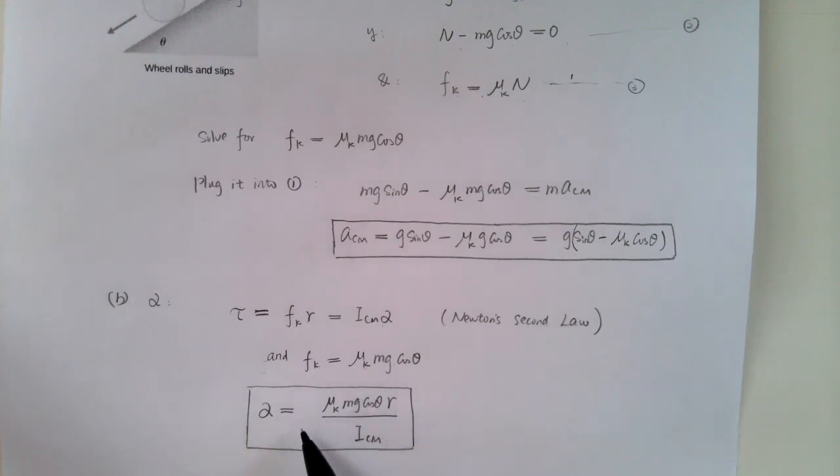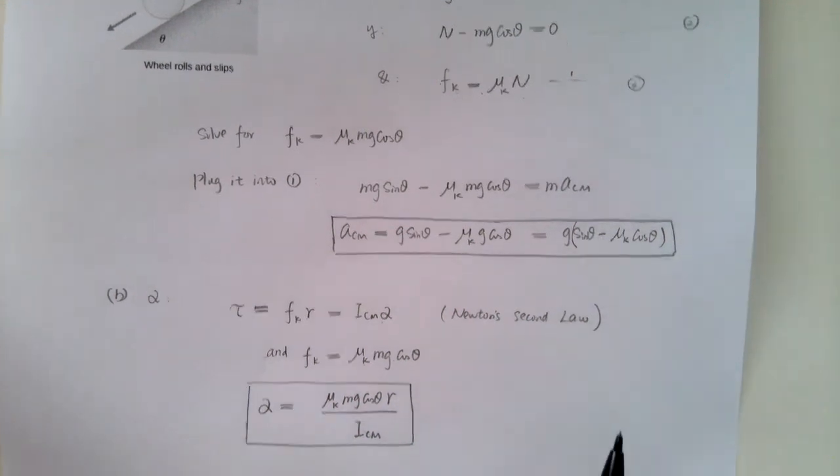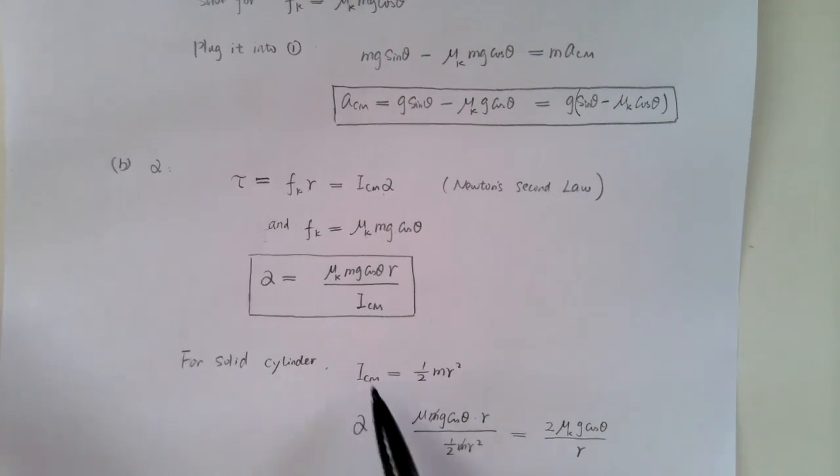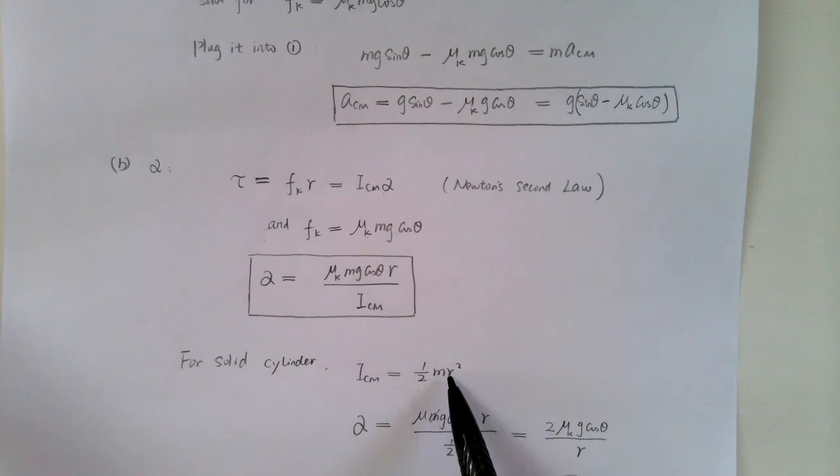Now we see the angular acceleration not only depends on mu sub k, it depends on the radius of the cylinder. Different sizes of cylinders will rotate with different angular accelerations. It also depends on I, and I depends on M and R. For a solid cylinder, we have a simple expression for the moment of inertia, I equals 1/2 m r squared.